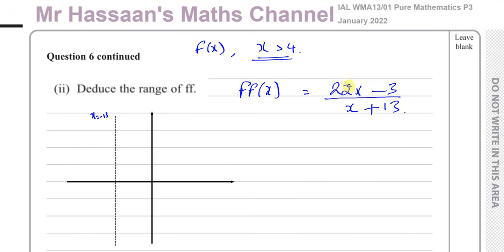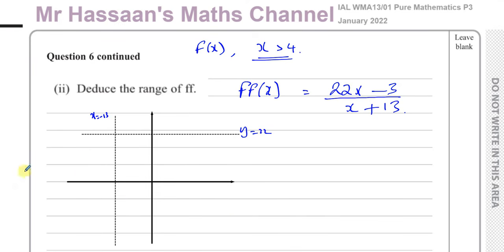And also at y equals 22, because when you divide this, you're going to get 22 as your whole number. So there's going to be another asymptote at y equals 22. So I'll just draw that up here somewhere. Okay, y equals 22 is the other asymptote. So those are the two asymptotes.